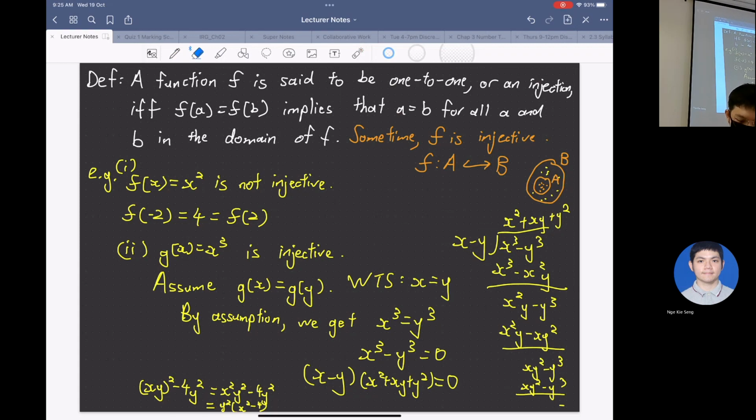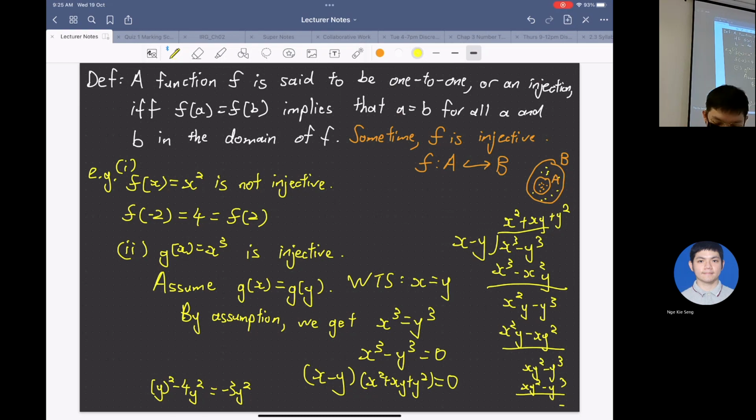Wait. Okay, sorry. B square minus 4ac. Okay, right. So this one is 1, so minus 3y squared. So this discriminant depends on y. It doesn't depend on y.